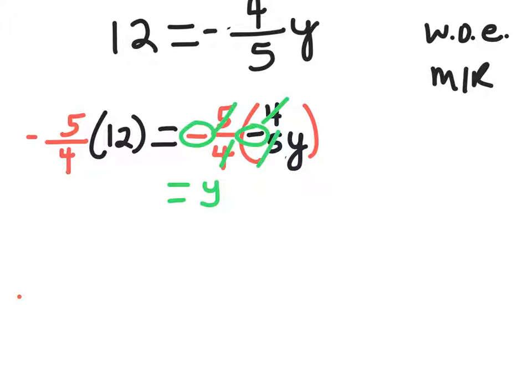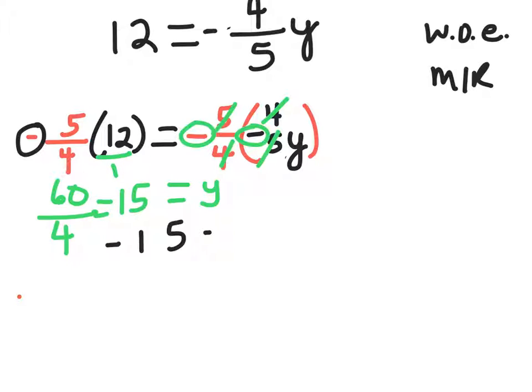Over here, we can multiply that out. We're going to get 60 over 4, which equals 15. So the answer will be negative, because we had a negative there, negative 15 equals y.